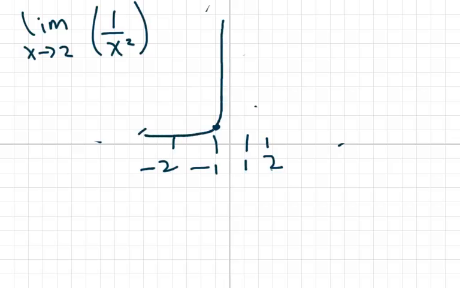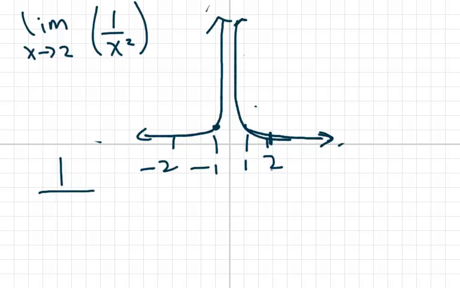It goes down like that, and goes to 1, goes down to -1. This one's kind of harder to see. But the limit as we're approaching 2 here is actually 1/4. Okay, and that's hard to see from a graph unless you actually plug in points here. And so what I'm going to do is go ahead and substitute 2 in for x. So 1 over 2 squared equals 1/4, and that's basically our limit.